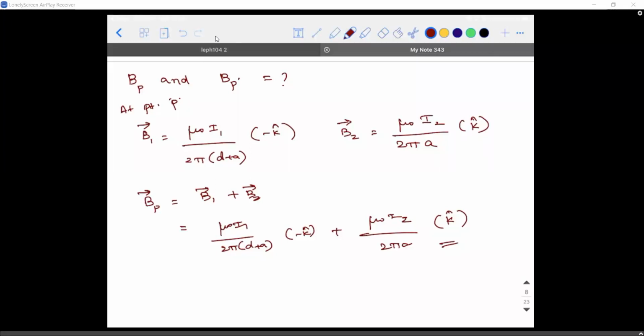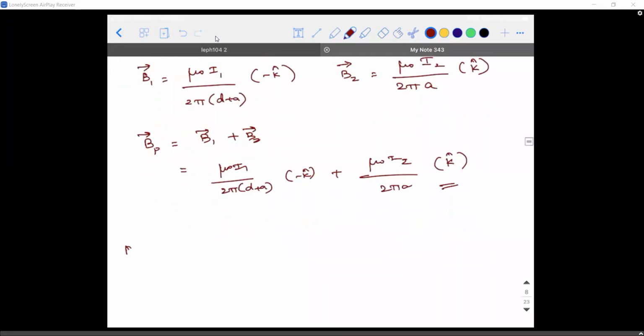Okay. Similarly, what is going to be the value of magnetic field at point P dash, guys? Mu naught I1 divided by 2 pi into D in the direction of k cap. This is due to B1, plus mu naught I2 divided by 2 pi into D plus B in the direction of minus k cap.